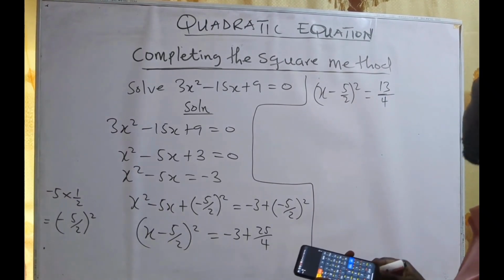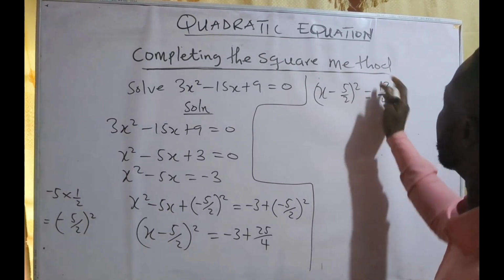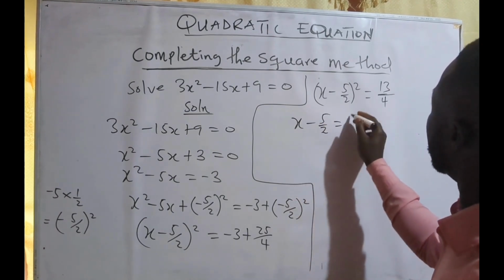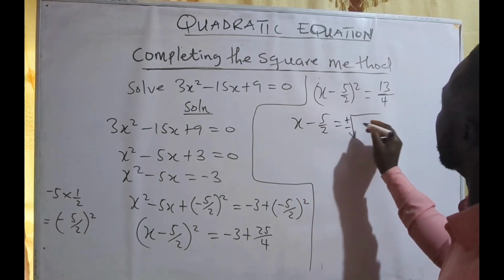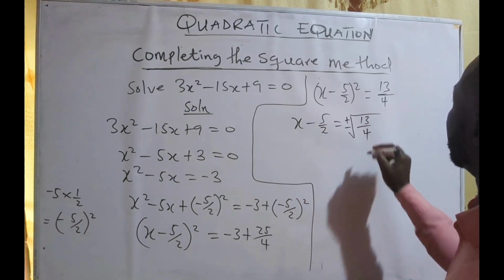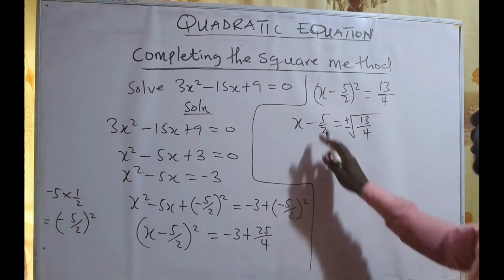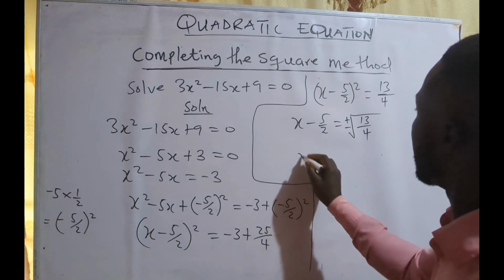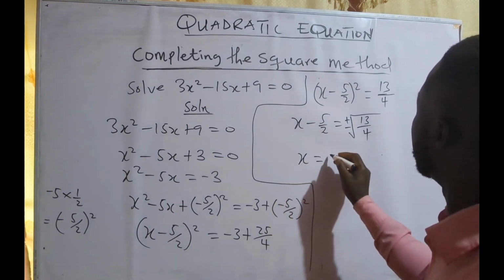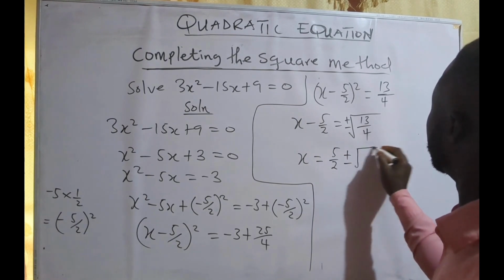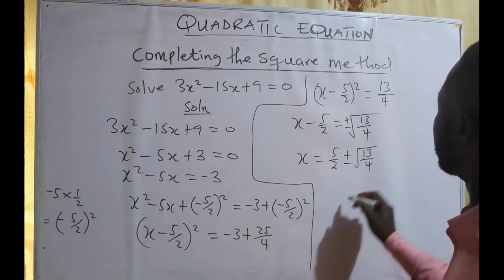Okay. Then what we do is to get rid of the square. So we are going to square root this side, plus or minus root of 13 on 4. Okay. Then we take the negative 5 on 2 to the other side, so that I have x to be equal to 5 on 2 positive plus or minus root of 13 on 4.